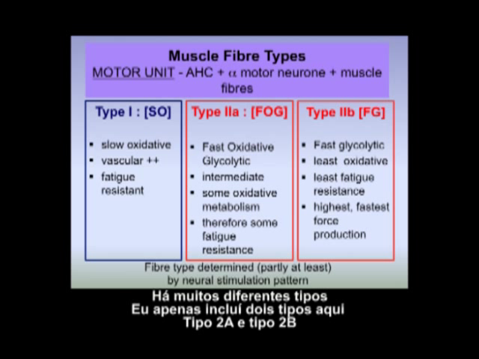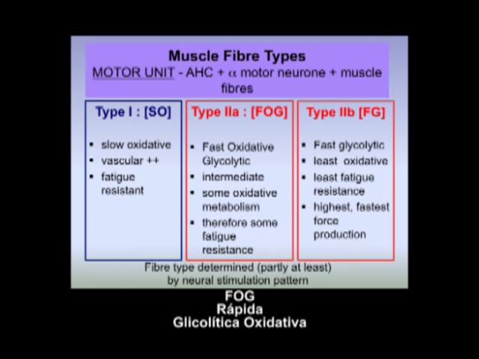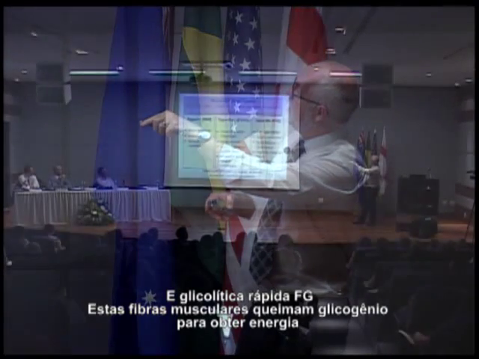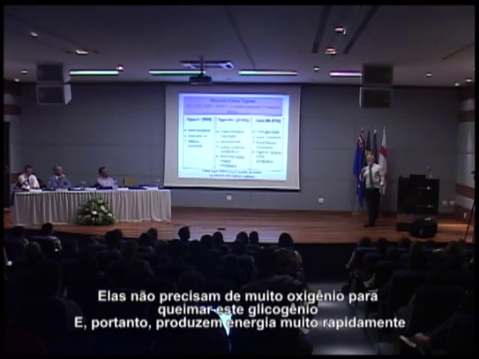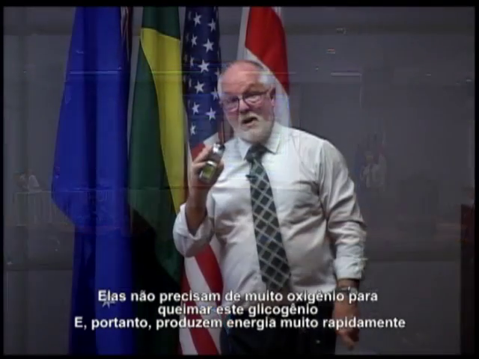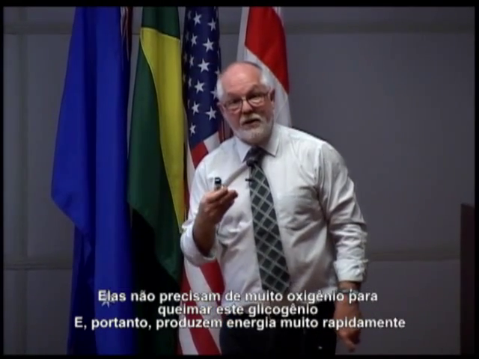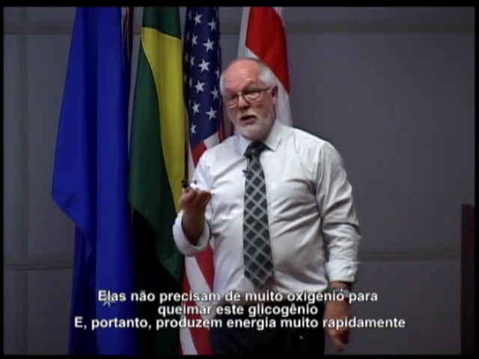So your type 2A and your type 2B: FOG, fast oxidative glycolytic, and FG, fast glycolytic. These muscle fibers burn glycogen for their energy. They do not need very much oxygen to burn that glycogen, and therefore they produce energy very fast.